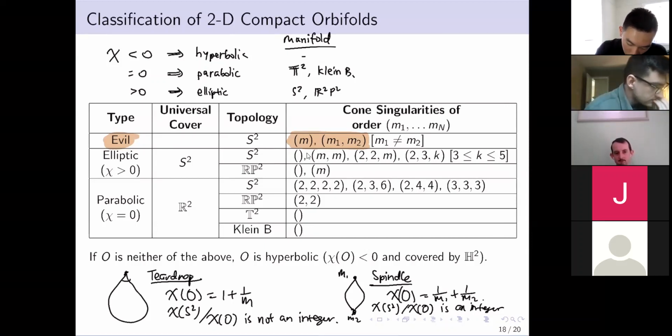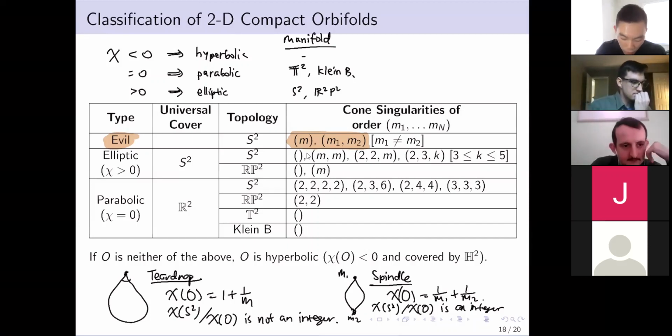For the other ones, I'm not going to explain in detail how I get these numbers. You can use the same kind of argument with the Riemann-Hurwitz formula: the ratio between, let's say, the Euler characteristic of S2 and this is going to be an integer, and therefore it can be covered somehow. You can also prove this constructively, by constructing the universal cover by hand.